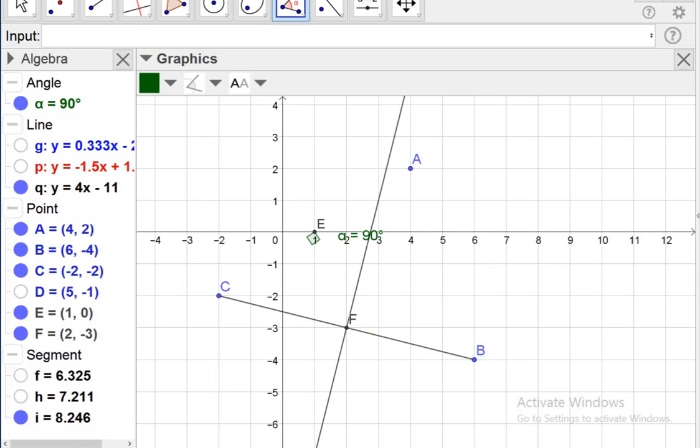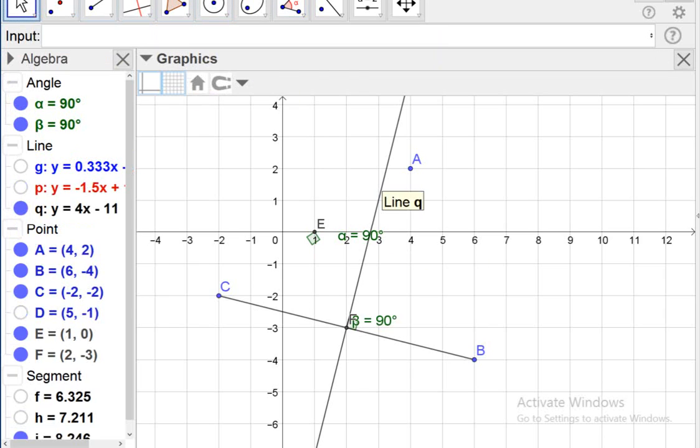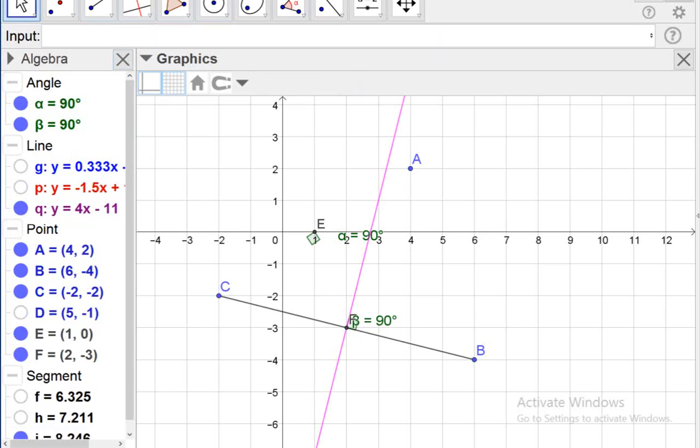So we get 90 there. So that purple line is then the perpendicular bisector of B to C, or C to B, however you want to view it.